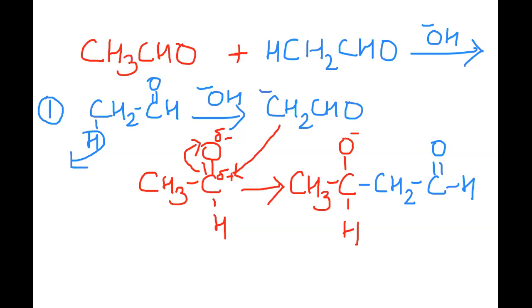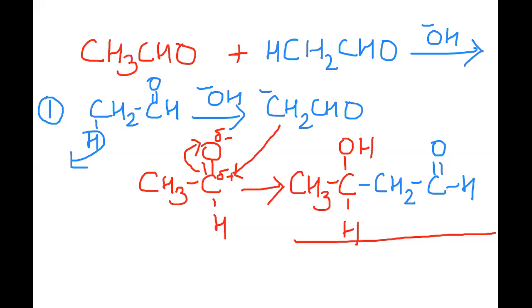So this negative charge is removed, and a hydrogen is going to be added up here. Now this compound is called an aldol. The word aldol comes from the aldehyde group and from the alcohol group. So you have ald from the aldehyde and ol from the alcohol.